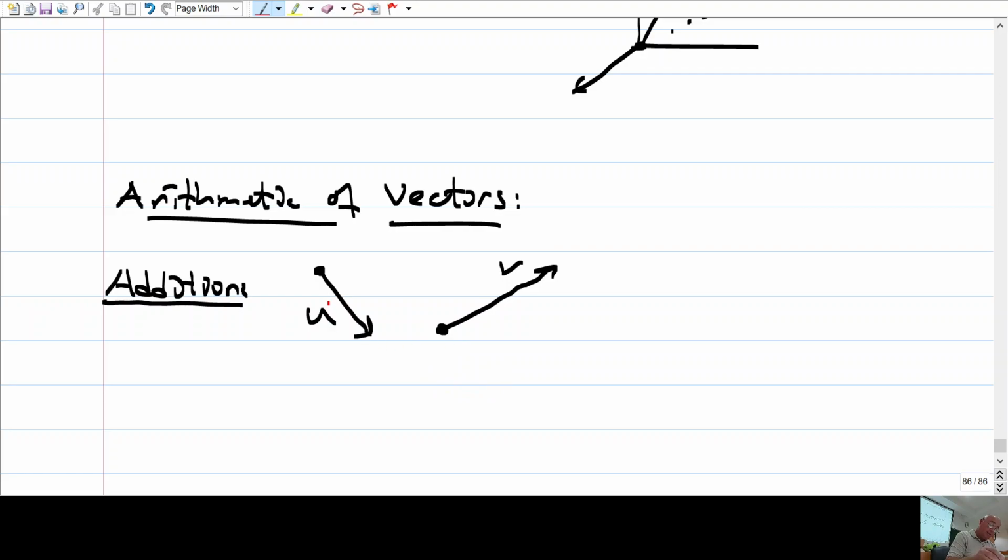You just translate this vector so that it starts from the point where the other one ends. So take this point and carry it over here. The tip of this vector is the end point of the addition.